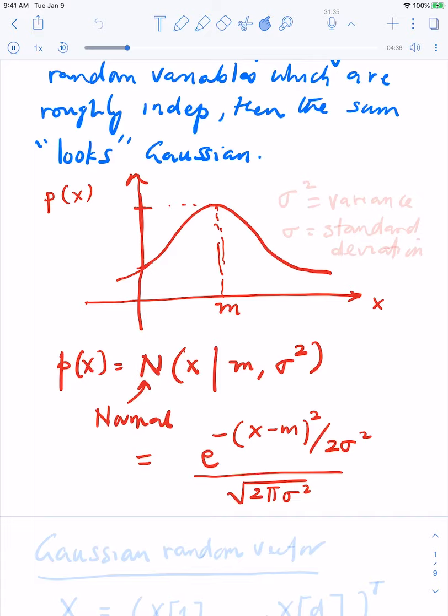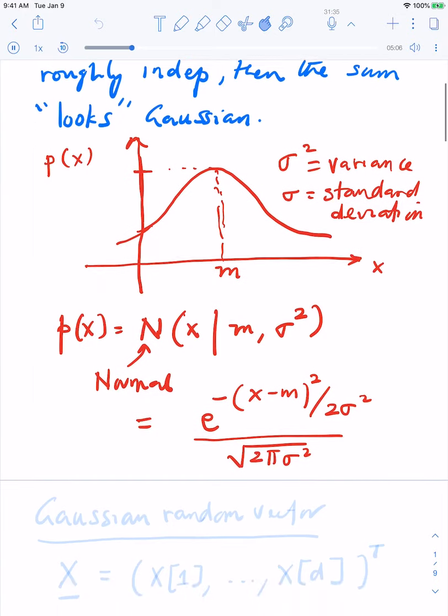And sigma squared is called the variance, and sigma is called the standard deviation, right? So these are just basics of Gaussian random variables. Let me write that down here. Sigma squared is the variance, and sigma is the standard deviation. So that's as far as the single Gaussian random variable goes.